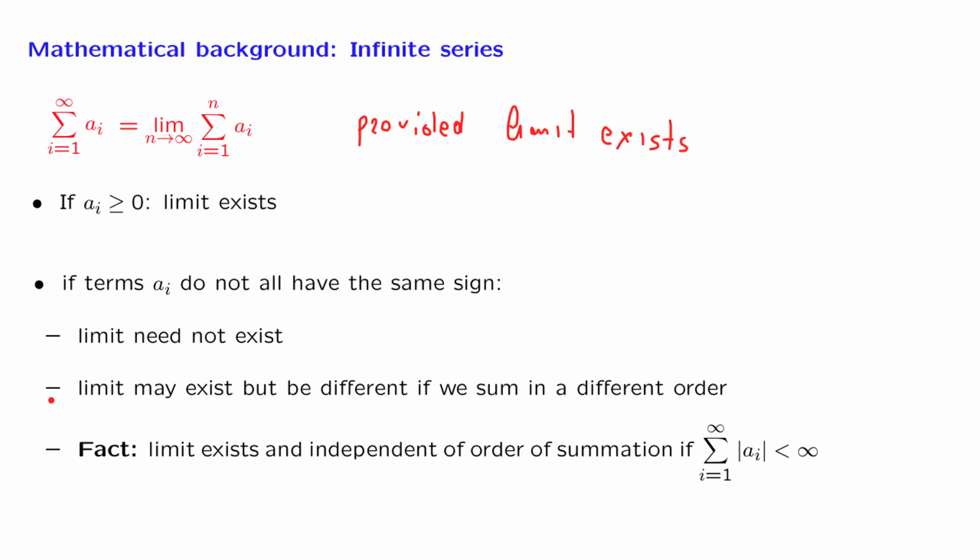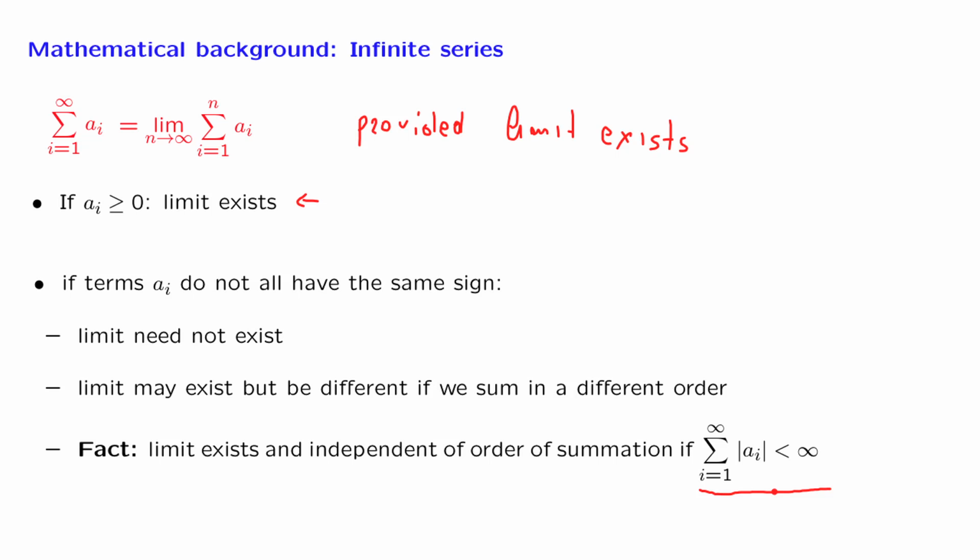We can avoid them if it turns out that the sum of the absolute values of the numbers is a finite number. Now, this series that we have here is an infinite series in which we add non-negative numbers. And by the fact that we mentioned earlier, this infinite series is always well defined and it's going to be either finite or infinite.